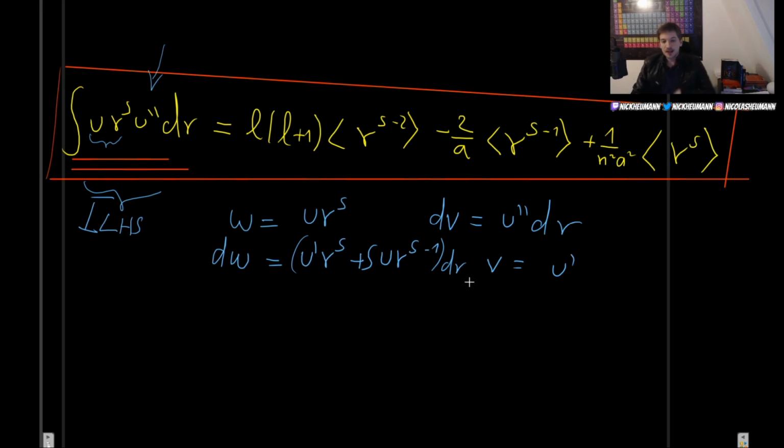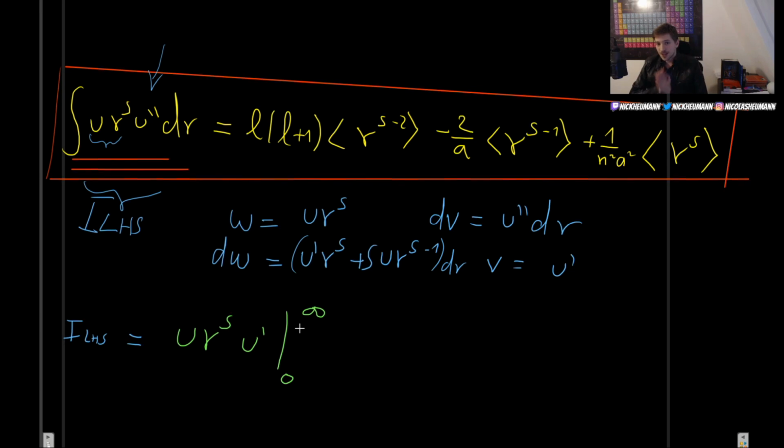All right, so now the integral, the ILHS, this would be this times this. Maybe let's change the color. So V dr, right, evaluated, W times V, evaluated at the endpoints. So that would be U R to the S times U prime, evaluated at the endpoints, which are 0 and infinity.